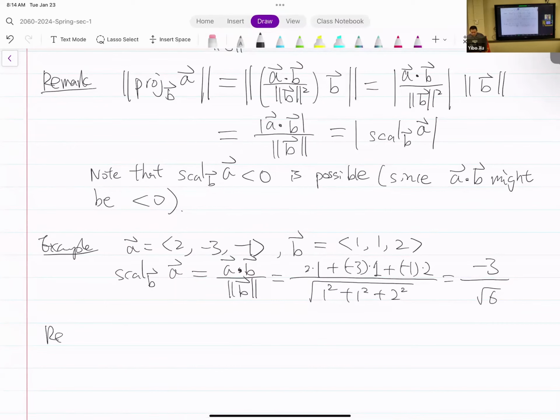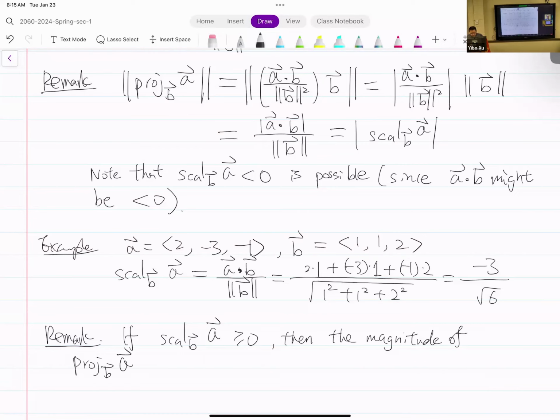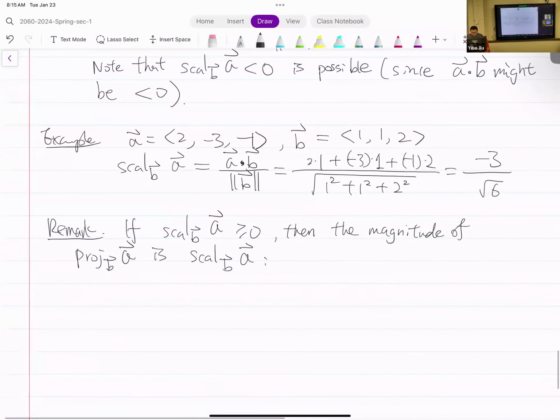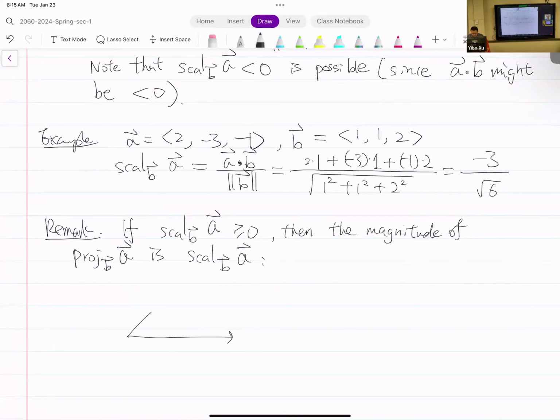Remark. If the scalar projection of A onto B is non-negative, then the magnitude of the vector projection onto B of A is exactly the scalar projection onto B of A. To sketch the figure, it tells you that the angle between A and B is less than pi over 2.